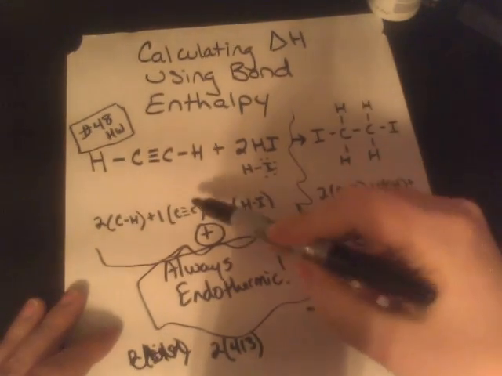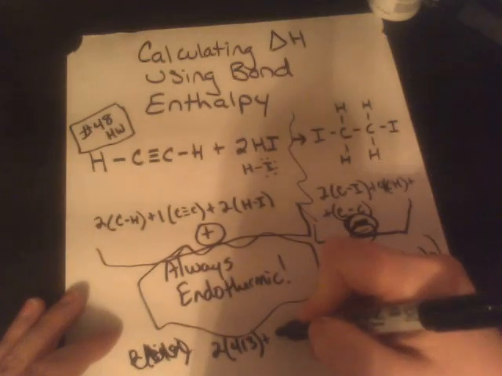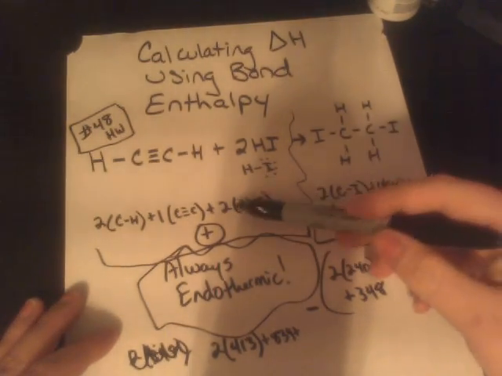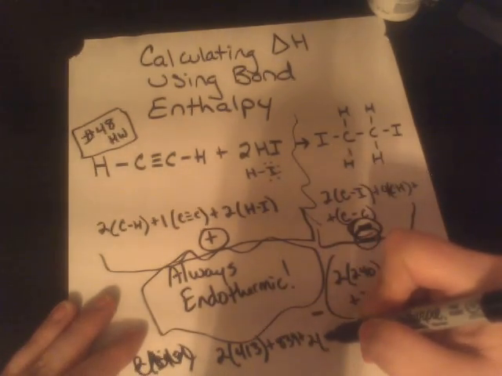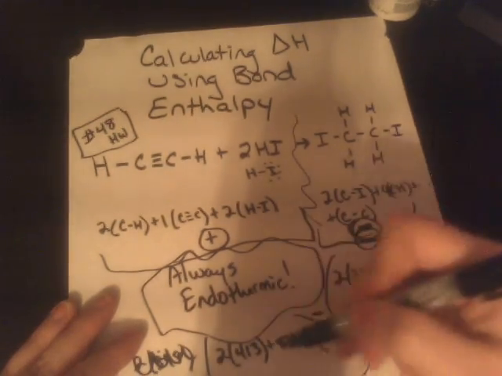We have 1 C triple bond C, which is going to be 839. And we also have 2 of the H-I single bonds, which is 299. This is going to be my positive.